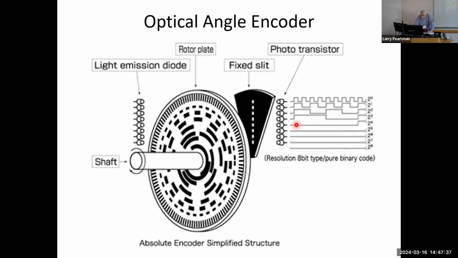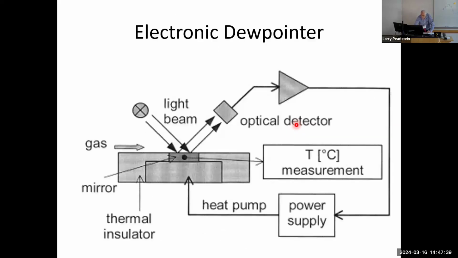The modern instrument, however, uses a completely automatic system. A collimated light beam strikes a mirror, which is actually silvering on top of a copper block. The light reflects off it, and if there's no dew, you get the full intensity of the beam striking an optical detector. The output of the optical detector goes to basically a thermostat.